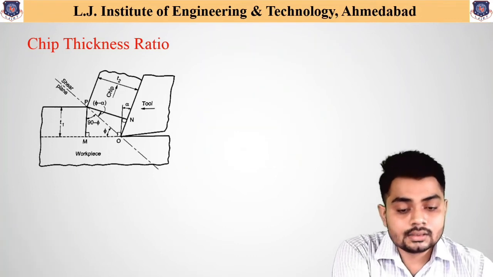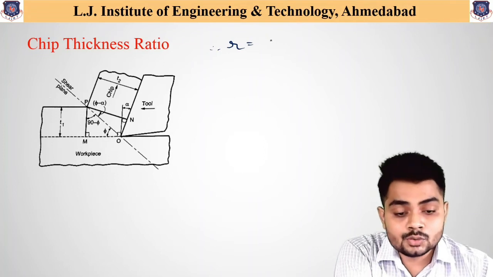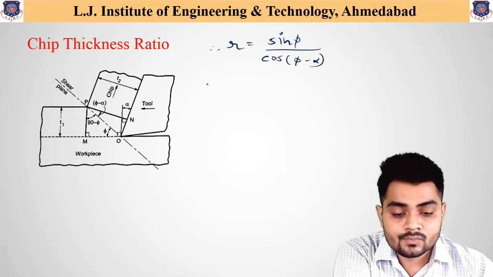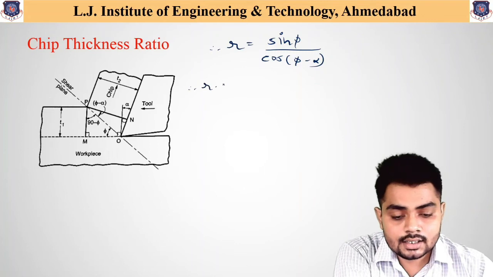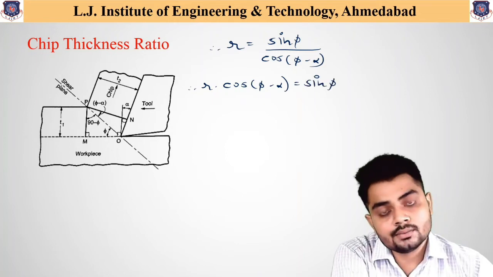So now let us write r equal to sin phi divided by cos (phi minus alpha). So we can write it again as r cos (phi minus alpha) equal to sin phi.